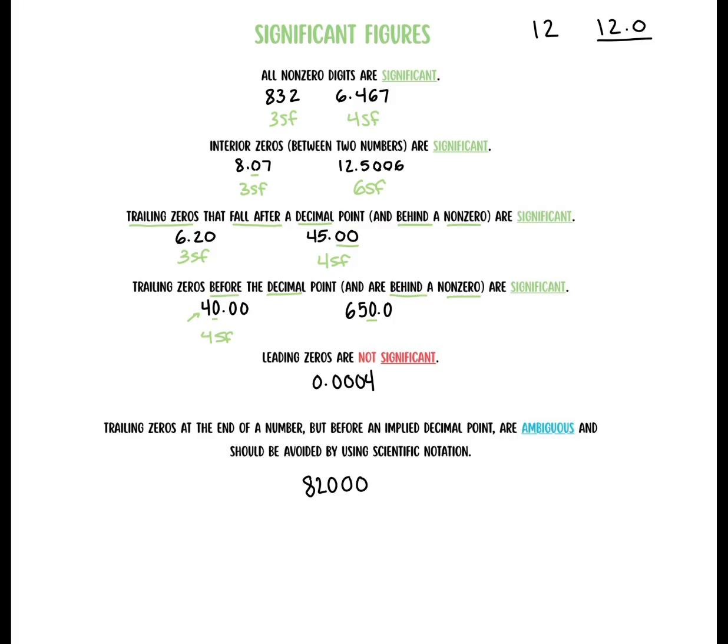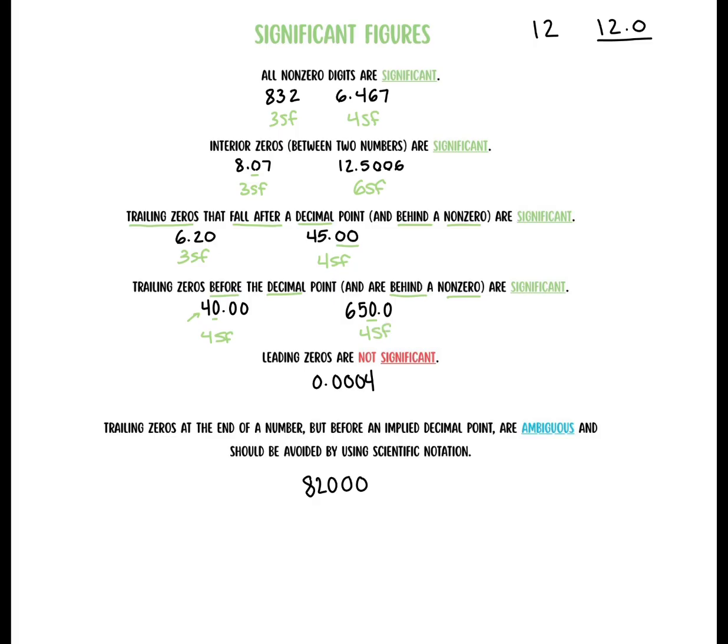We are applying rule number 3, that every trailing zero that falls after a decimal point and behind a non-zero is significant. And we're applying rule number 4, which states that the trailing zeros before the decimal point and behind a non-zero are significant. So here we also have 4 significant figures.